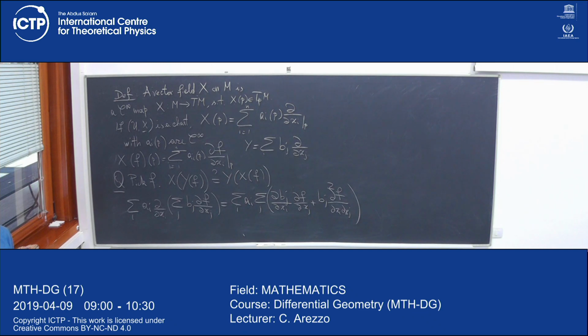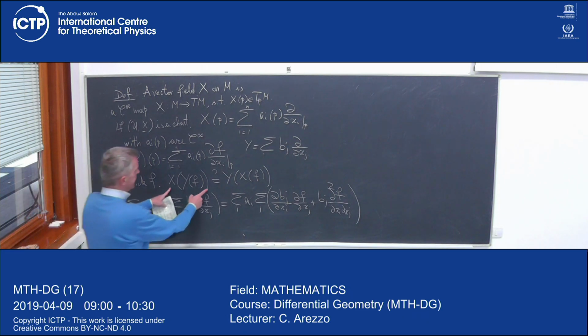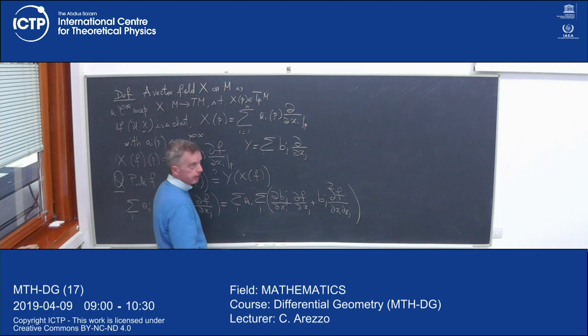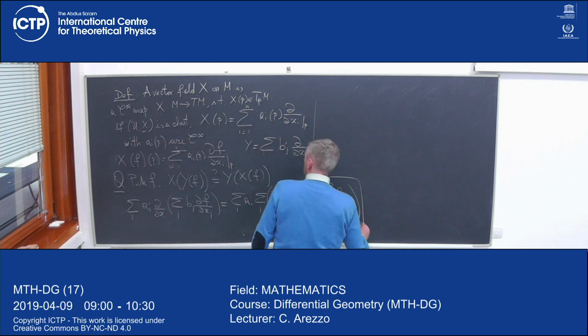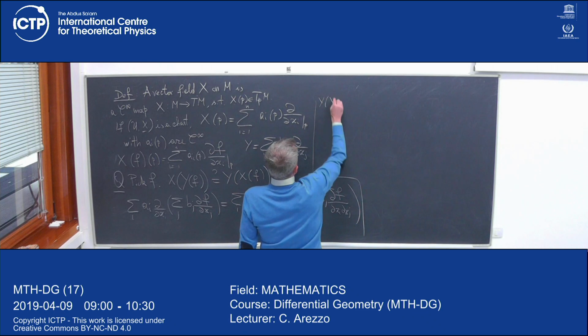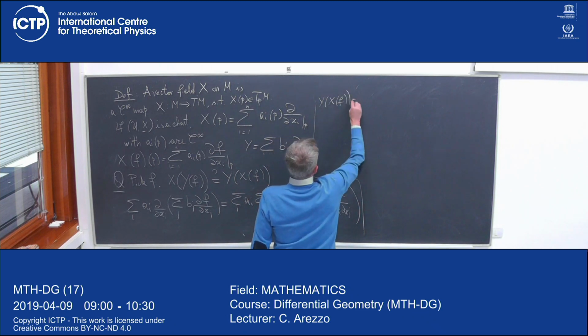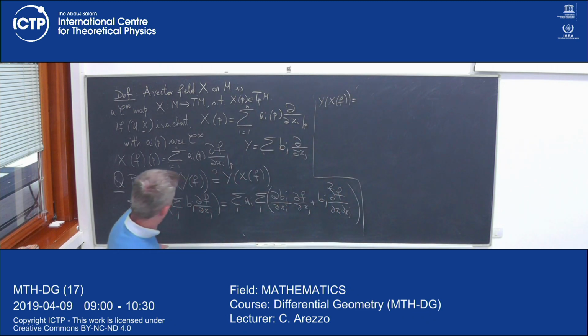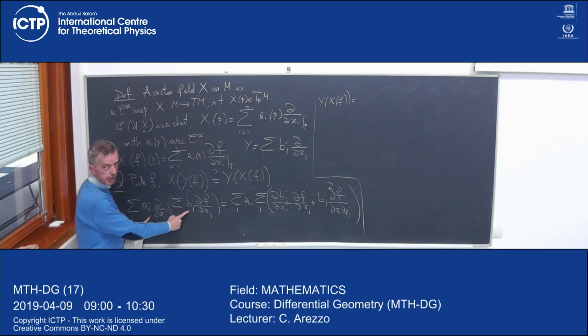And I'm not saying that this is the answer, unless you are particularly quick. It's too early in the morning to be particularly quick. So let's do the other one, and let's see if we get the same result. So this was the left-hand side. Let's do the right-hand side: Y of X of f. I can take this formula, I'm just switching a and b.